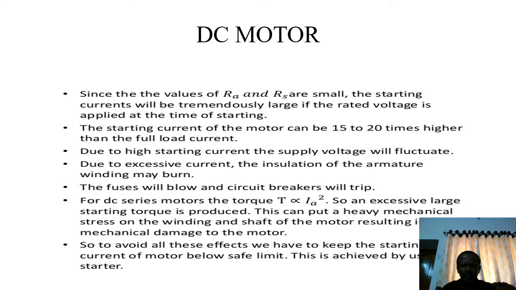For a DC series motor, the torque T is directly proportional to the square of the armature current. So an excessively large starting torque is produced. This can put heavy mechanical stress on the winding and shaft of the motor, resulting in mechanical damage to the motor.